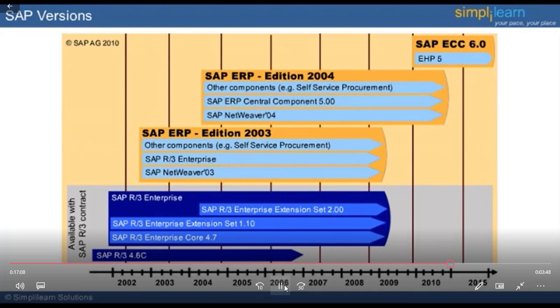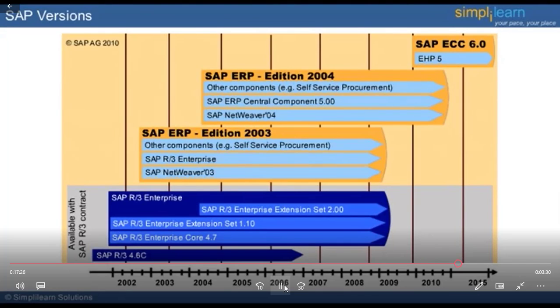SAP R3 Enterprise Release 4.70, release date March to December 2003. SAP R3 Enterprise Edition 4.7.